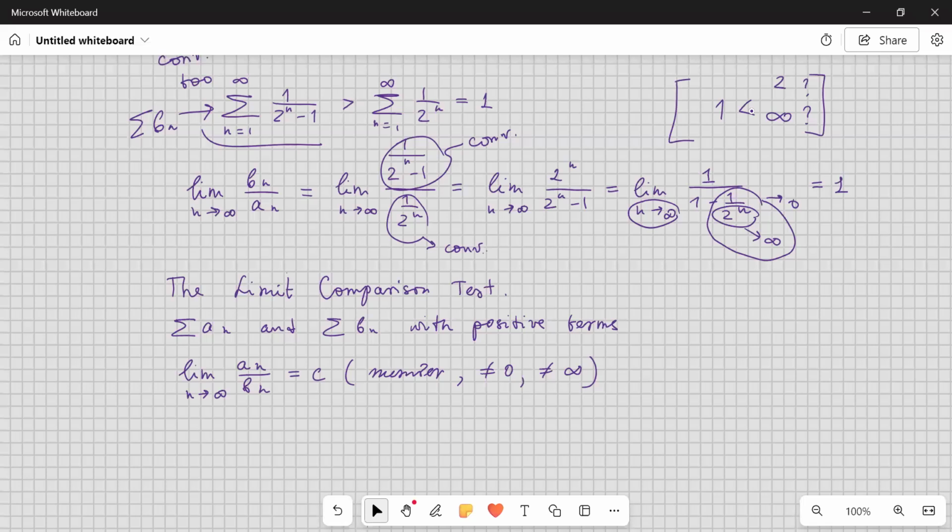In our case, it was 1, but it can be 2. If all terms of the series are proportional with coefficient 2, it means that the sum is going to be twice bigger. You see?